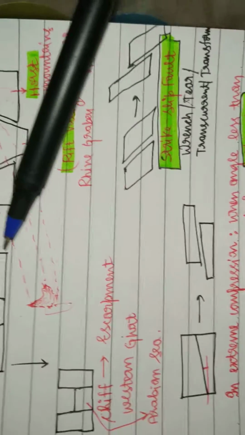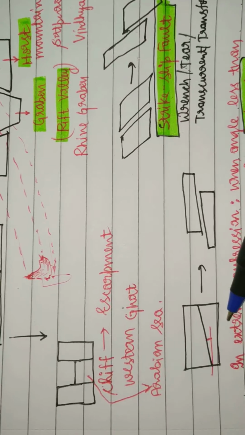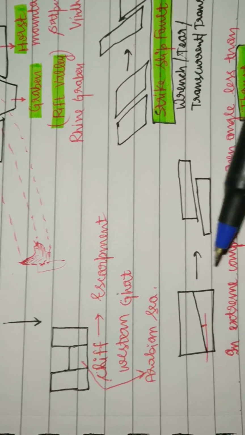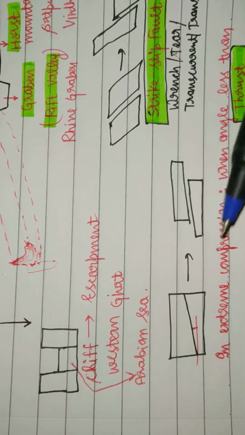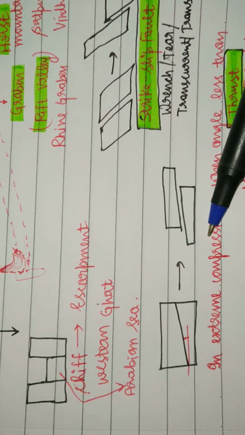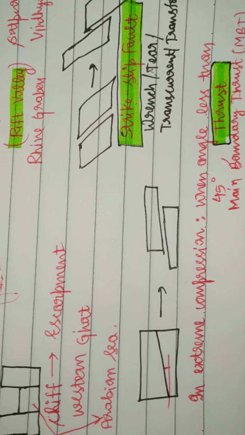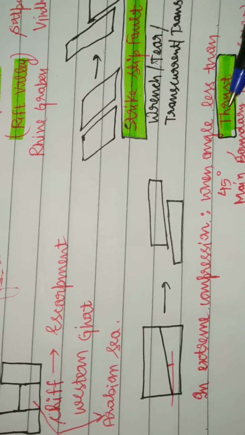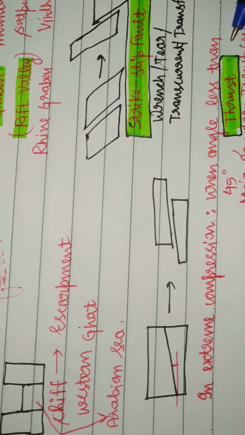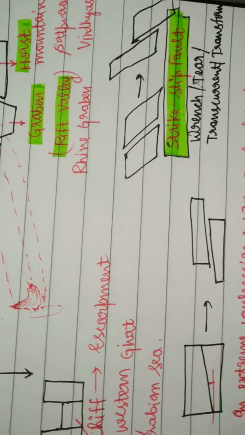If we talk of the compression fault, sometimes the fault angle is lesser than 45 degree. This is known as thrust, and this is the reason why MBT, main boundary thrust terminology is used when you are studying Himalayas.